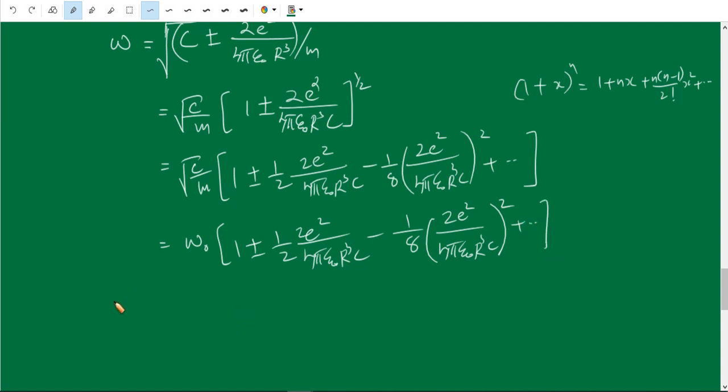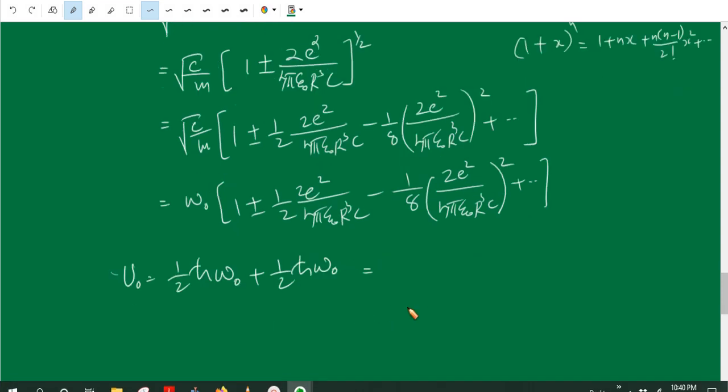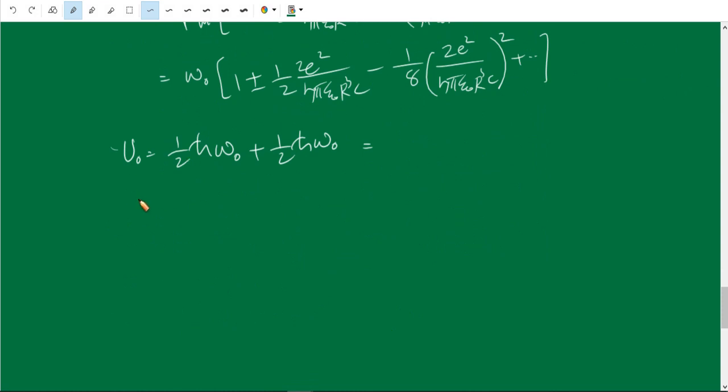Now the unperturbed system has the zero point energy U0 equal to half h cross omega 0 for one atom. There will be two oscillators, so that means 2 times half h cross omega 0. When we consider the interaction, the energy is U0 dash equal to half h cross omega s plus half h cross omega a.